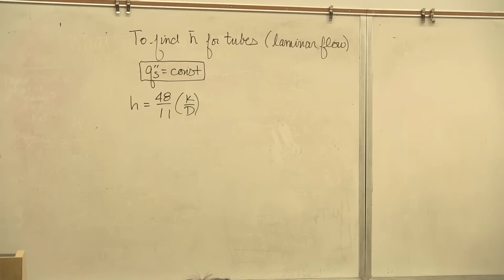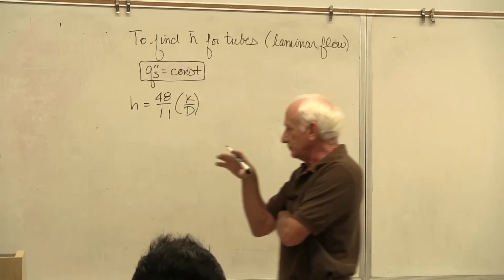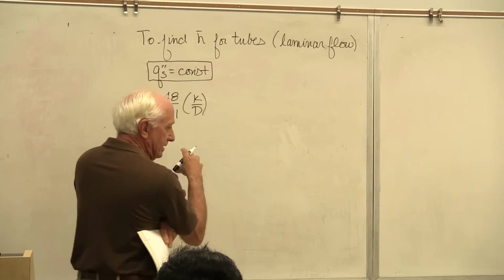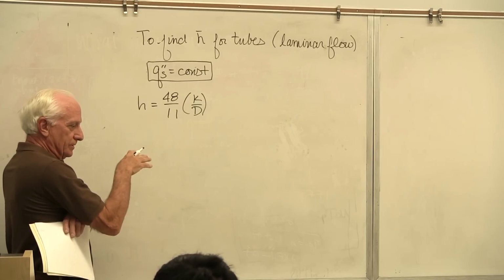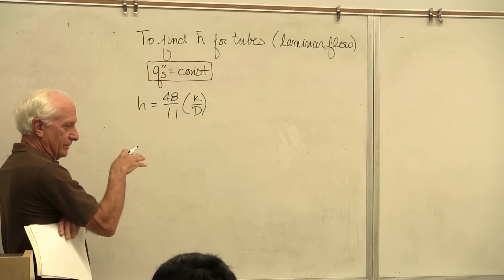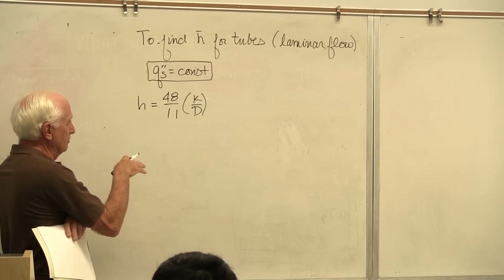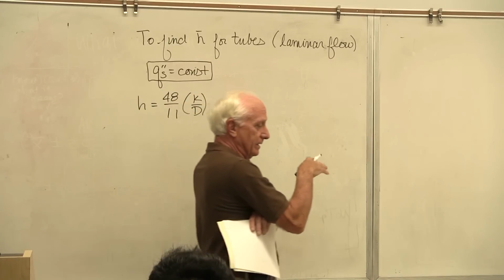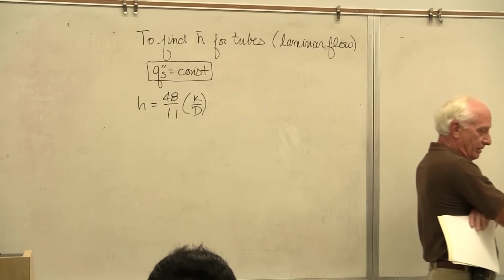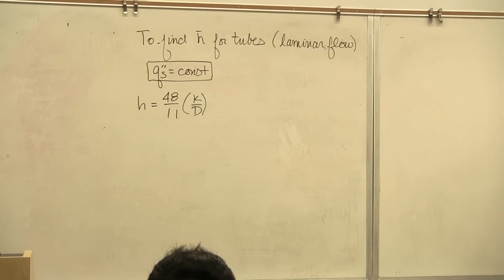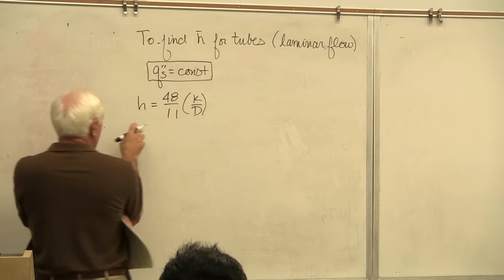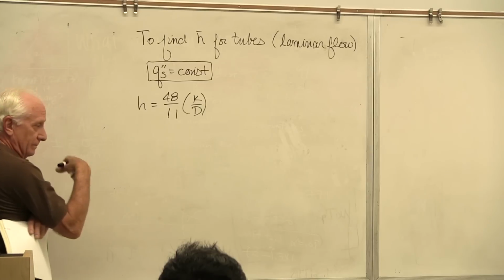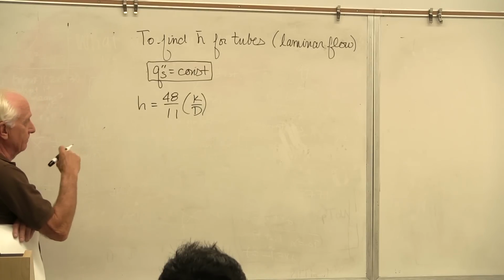I'm not going to go through it, but what it is doing is equating the conduction at the tube surface, because the velocity is zero there, which has a dT/dr at r equal r outside, with the equation for Newton's law of cooling, Q equal h A (Ts minus T mean).